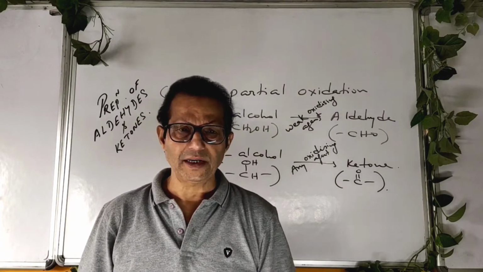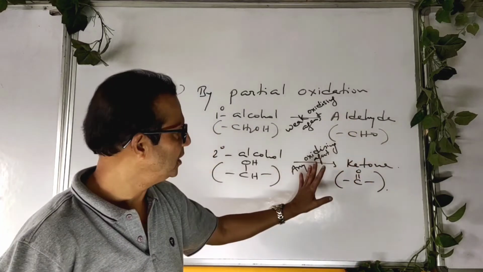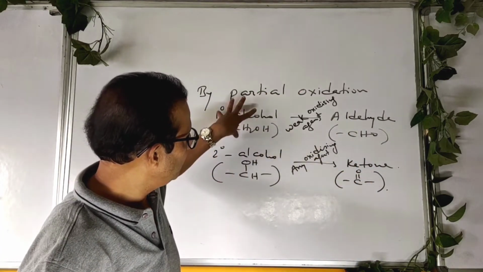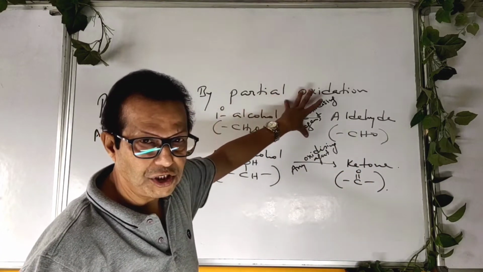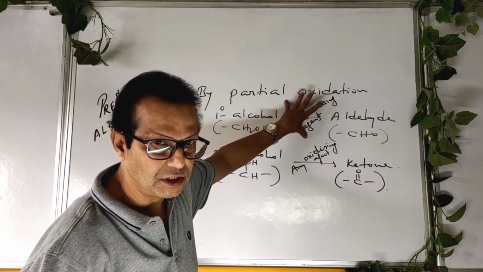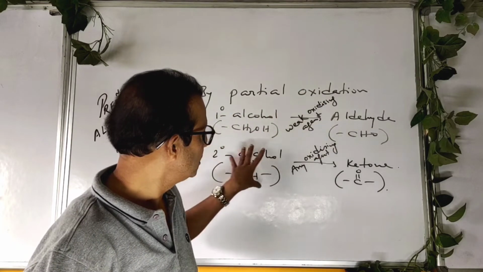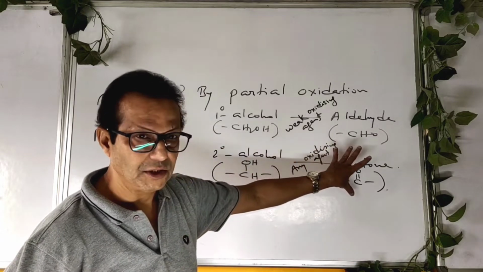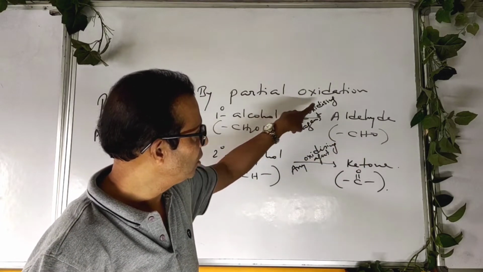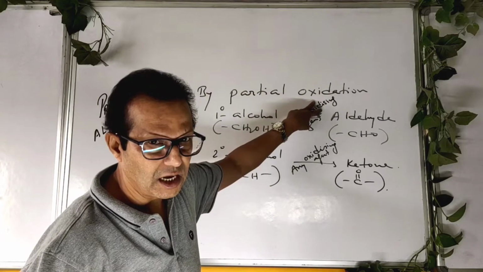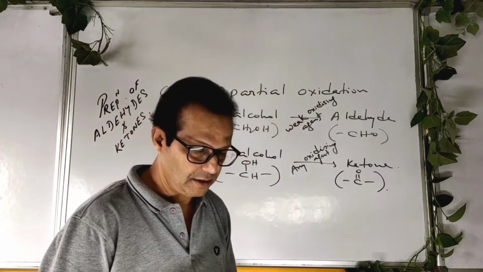In chemical properties I will discuss that. Only remember that primary alcohol on partial or controlled oxidation gives aldehyde, and secondary alcohol gives ketone. Now the question is, what type of oxidizing agents are used here? Listen.